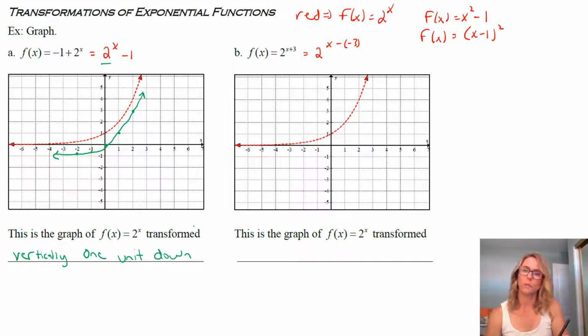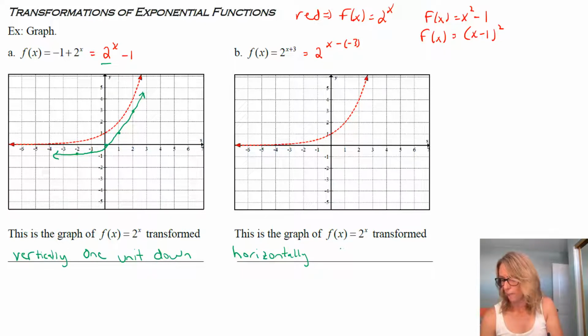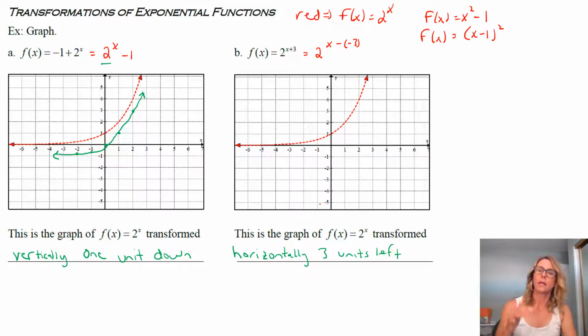So in this case, the transformation is a minus 3 that's happening. So it's a horizontal shift, horizontally, 3 units, and then that's going to be to the left. You can always think about this logically by saying, what value is going to give me that 0, 1?